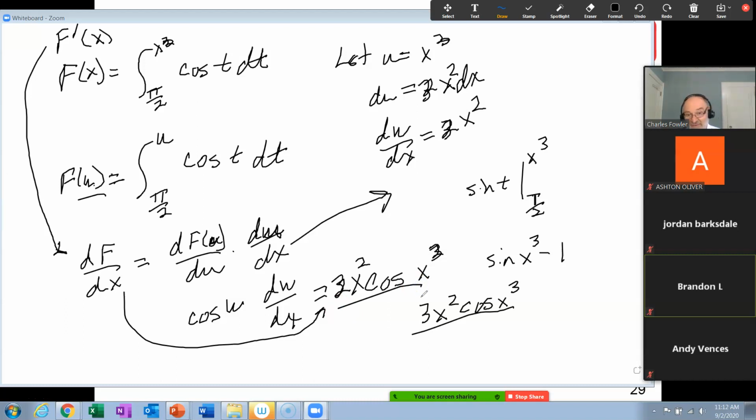So I think it's actually easier in that case to do the integral as it is and then take the derivative of the answer. But it just seems like the second fundamental theorem of calculus should make it easier, and it was not bad. All right, that was example 8.